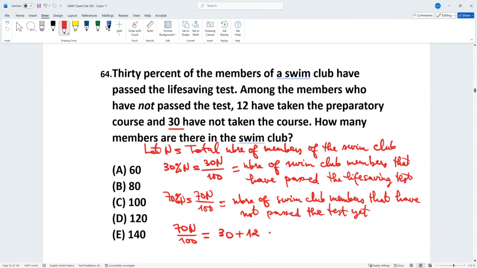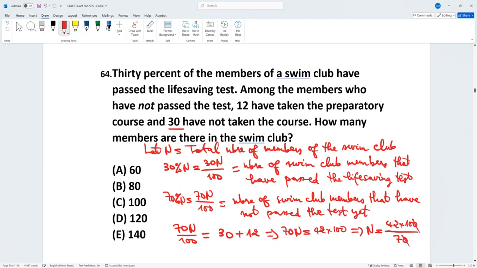So this will lead us to have 70n equal to 42 times 100, and n will be equal to 42 times 100 over 70.